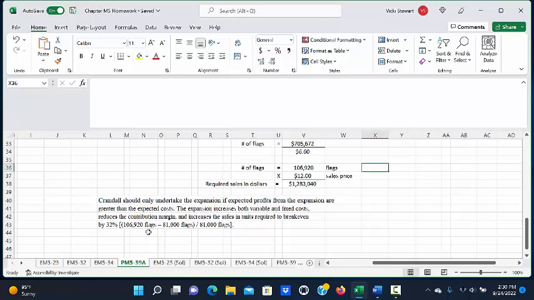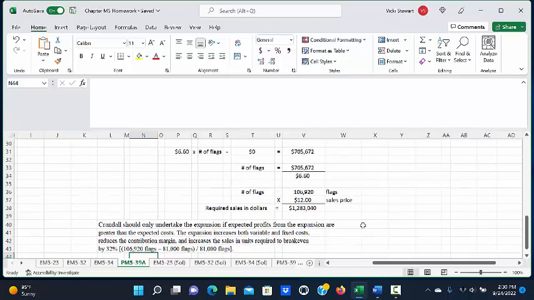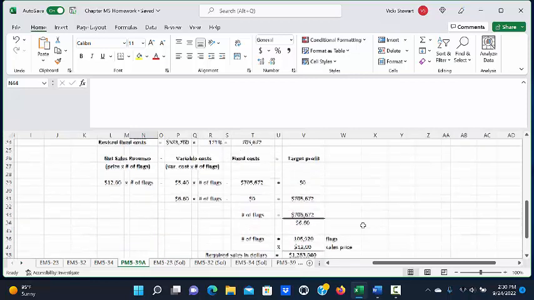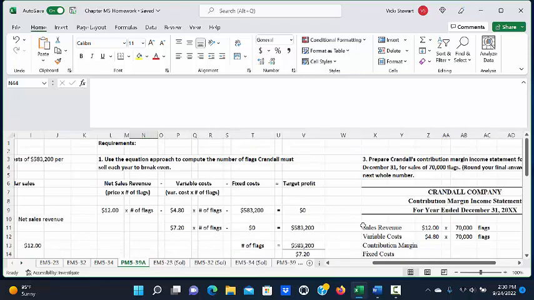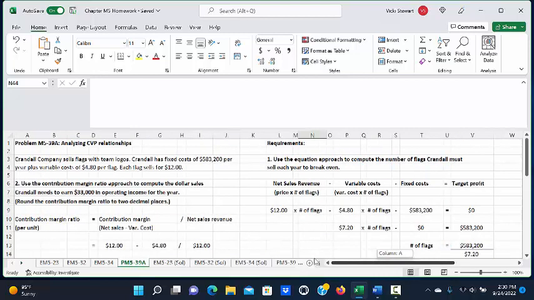Originally they only had to sell 81,000 flags to break even, but now they will have to sell 106,920 flags. So it will just depend on whether the expansion will generate enough sales volume to offset the increased cost. And that is the conclusion of the demonstration for problem M539A.